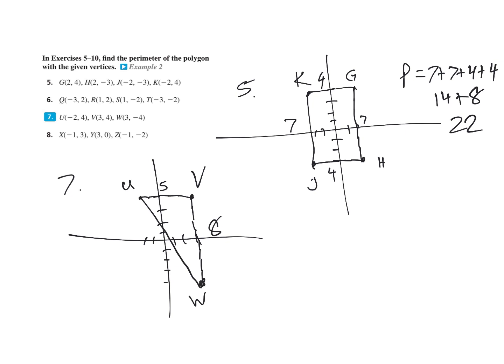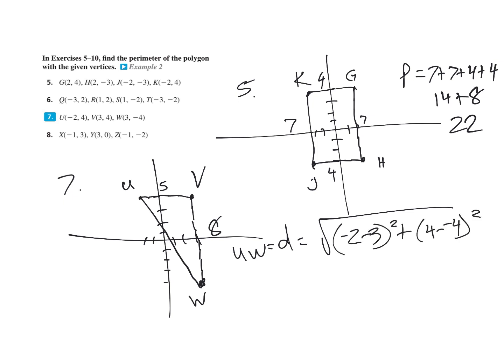If we use the Pythagorean theorem, or you could use the distance formula. Just for the sake of doing the distance formula, to remind you, because you have to have this memorized, we need the distance from U to W. So negative 2 minus 3, and we square it, and 4 minus a negative 4, and square it. So that's negative 5, and that's 8.